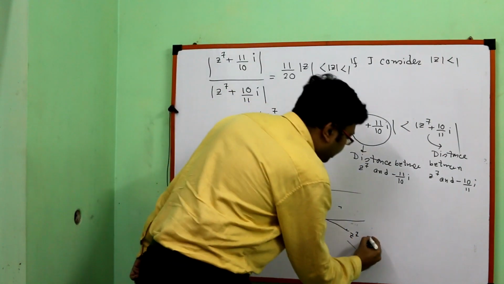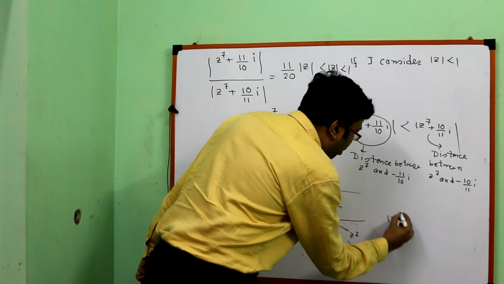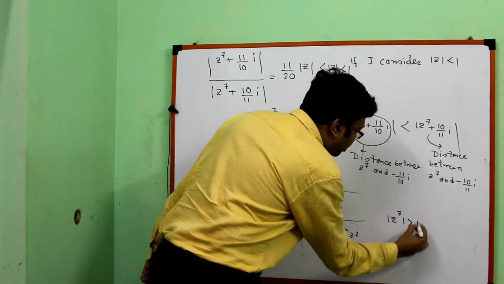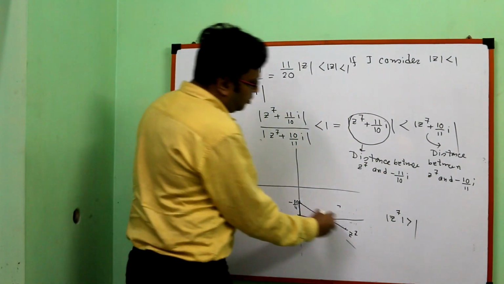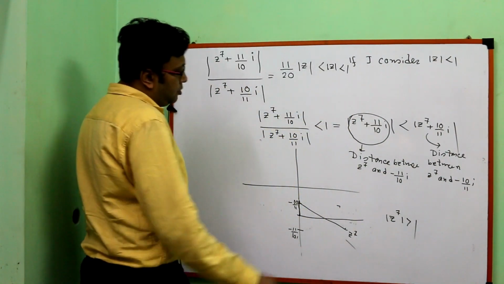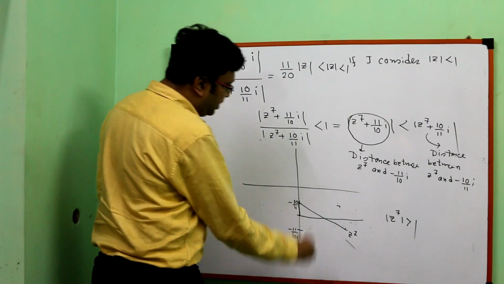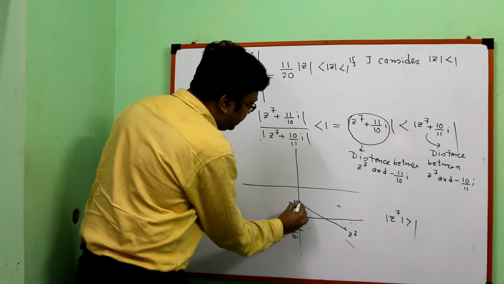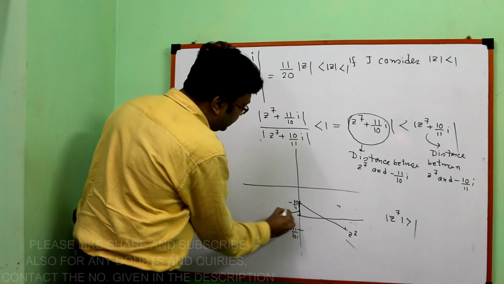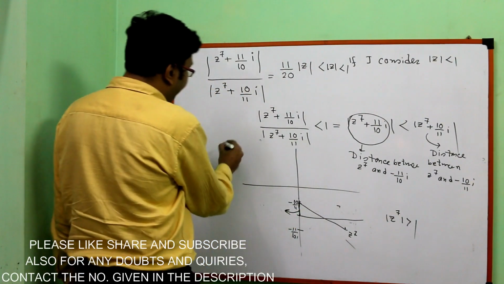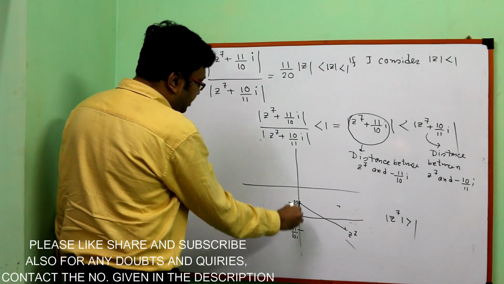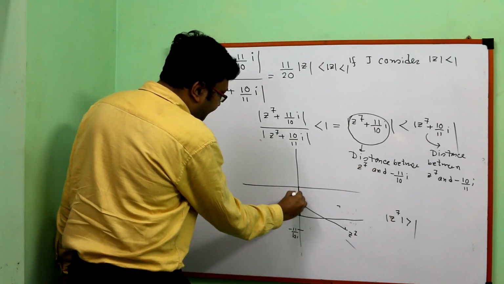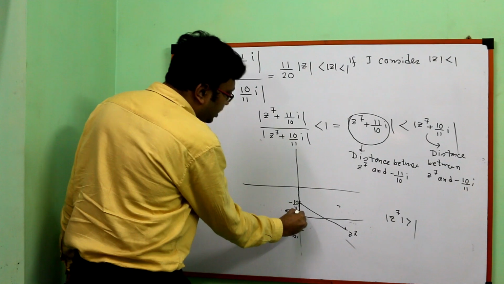Therefore, that shows mod z to the power 7 is more than 1. So z to the power 7 is keeping more distance from minus 10 by 11i. Now definitely it is more than 1 because if I want to measure that distance, then that will be a distance which is definitely more than 1.